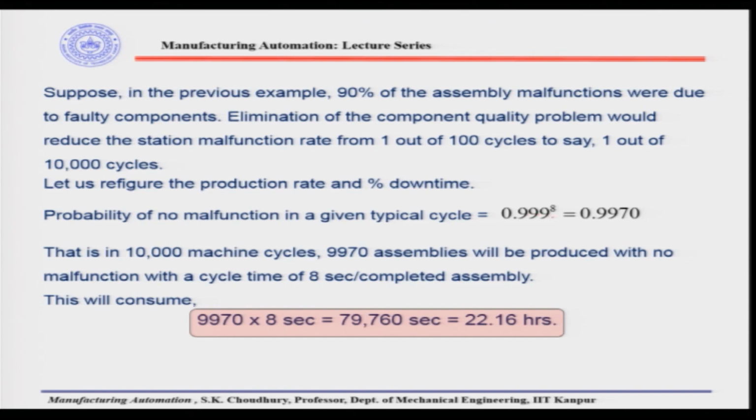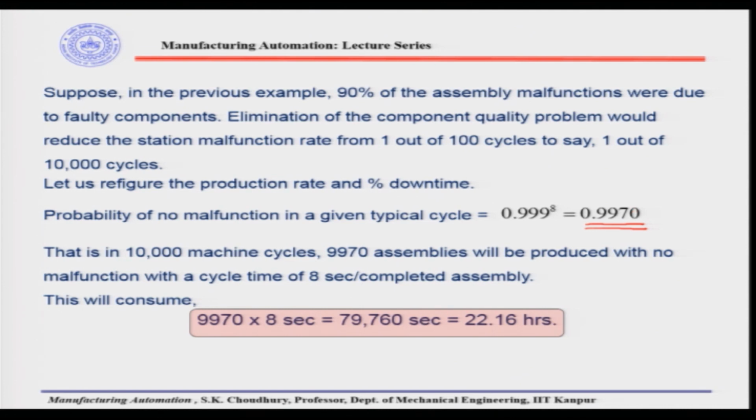So, 0.999 to the power 8 will be 0.9970, and this means that out of 10,000 machine cycles, 9970 assemblies will be produced without any malfunction, because the line is up for those many cycles.